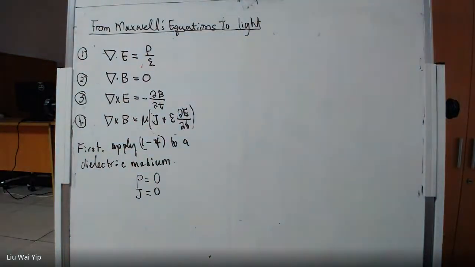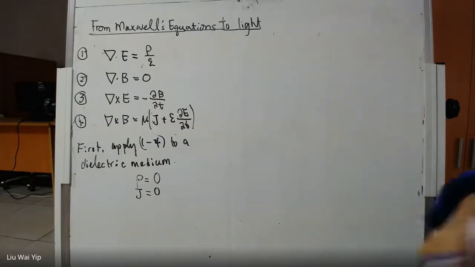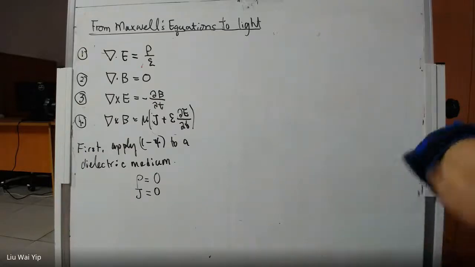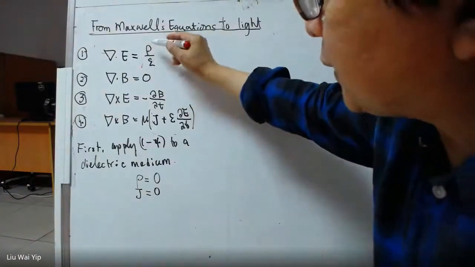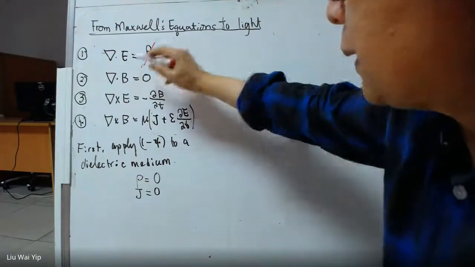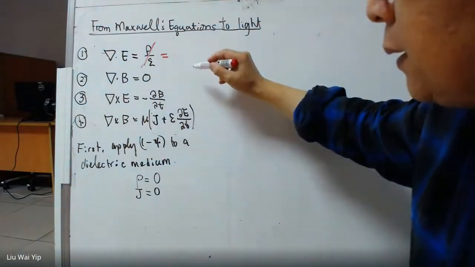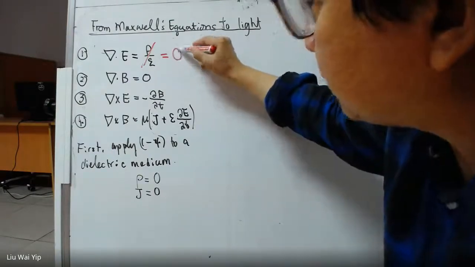If it is the case, it is fair to say that from equation 1, the rho here is 0, then the divergence of electric field should be 0.